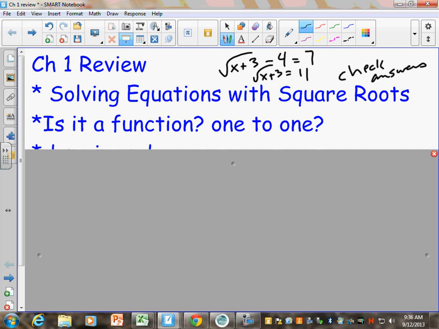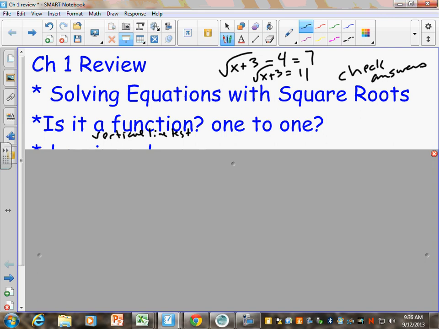Horizontal line test, vertical line test, that was section 1.5. I'll give you a few graphs tomorrow and ask you to tell me, is it a function, is it one-to-one? Remember, is it a function? That means it passes the vertical line test. All the x's are different. Is it one-to-one? One-to-one is like a new vocab word.